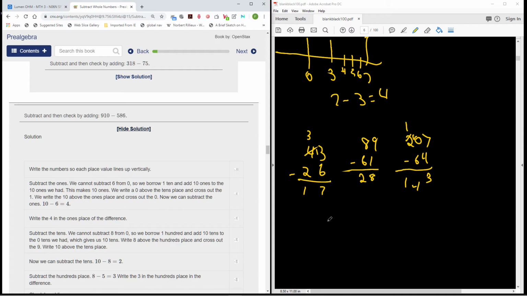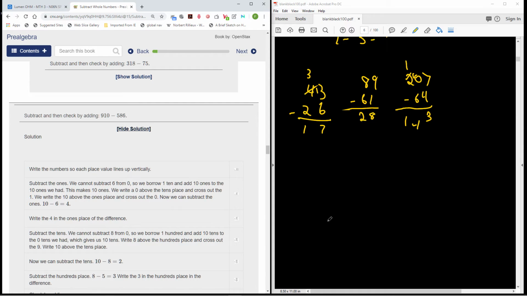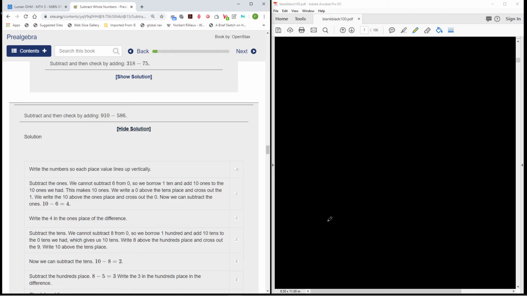Now they're subtracting here. Now we have 910 minus 586. So I can't take away 6 from 0, so I've got to borrow 1. So that becomes a 0. And I take that 10 and bring it over here.